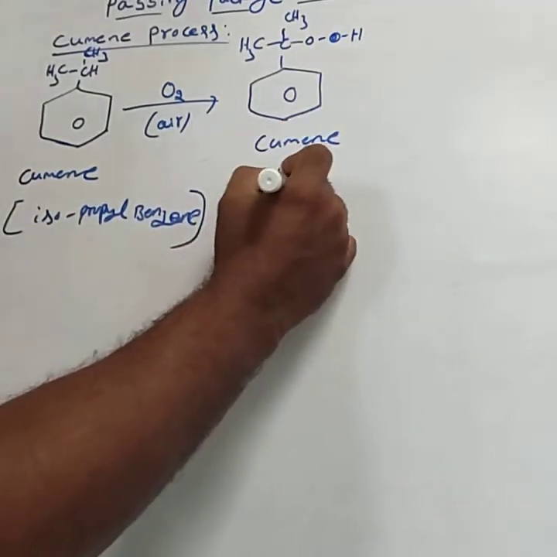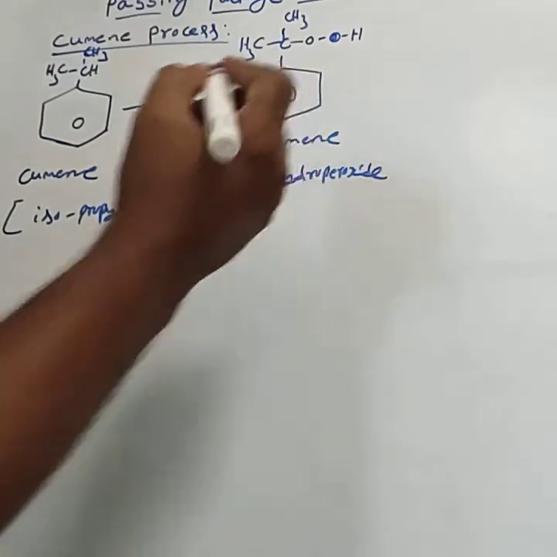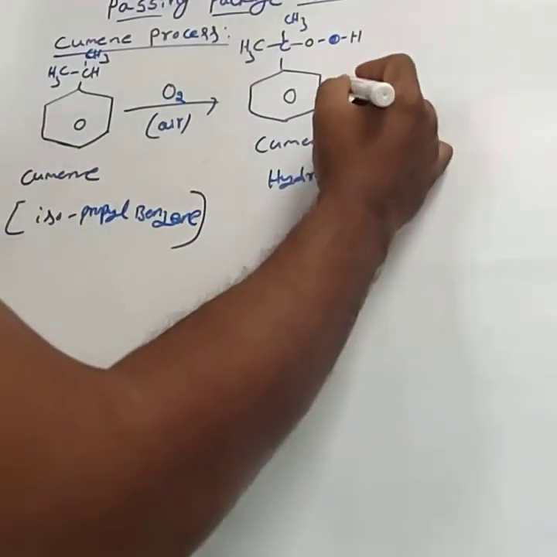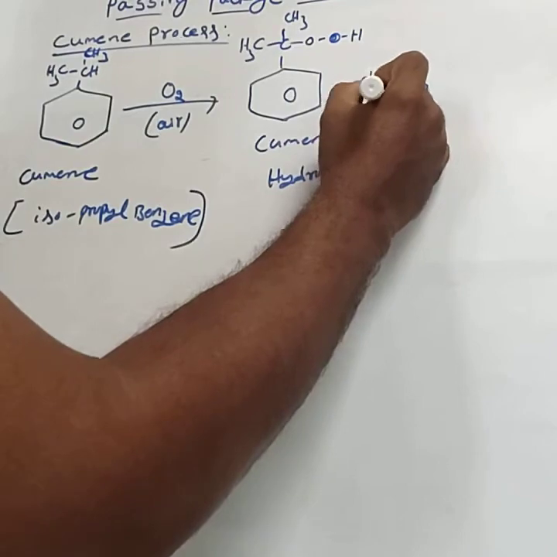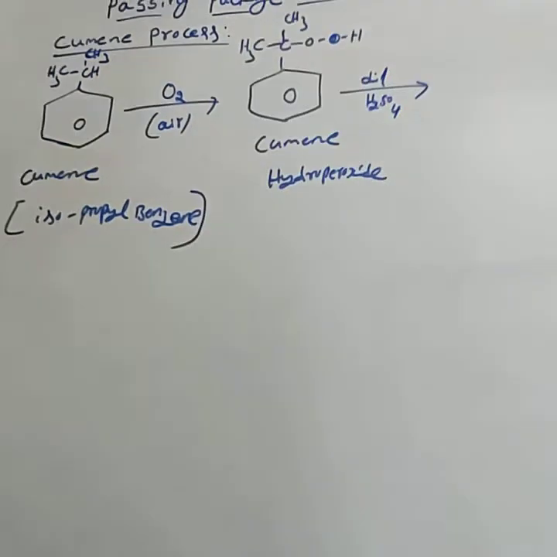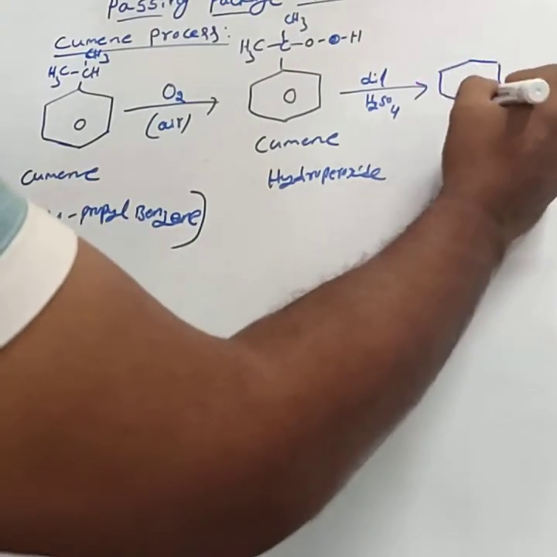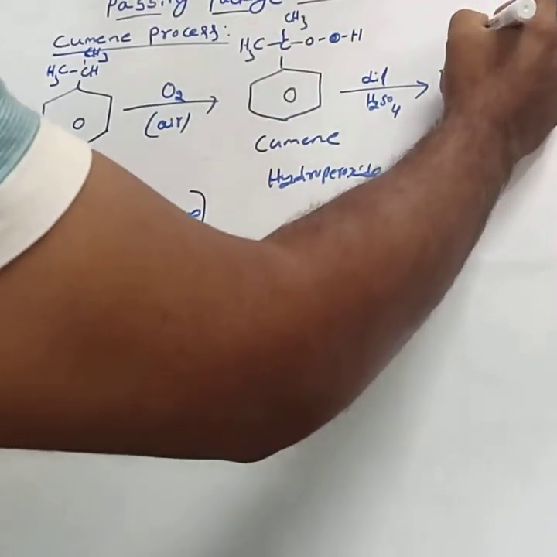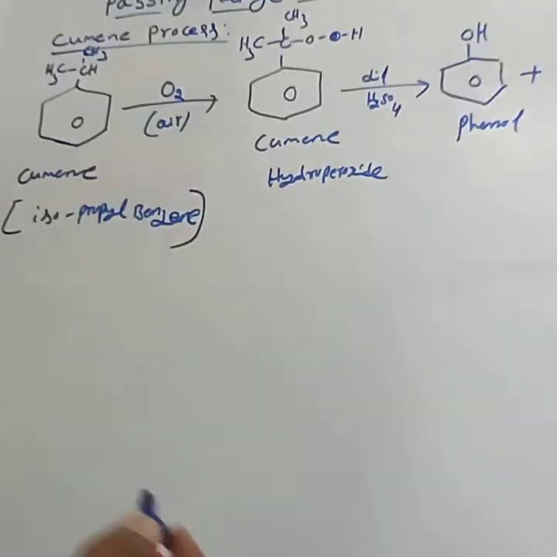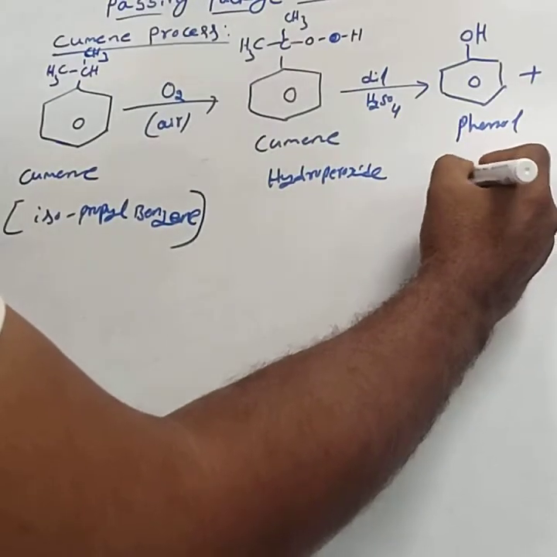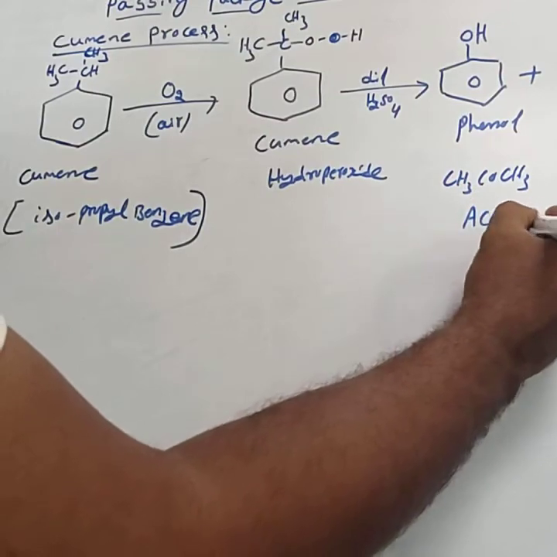Cumene hydroperoxide is then finally treated with dilute H2SO4, and we get phenol. In addition to phenol, we get one more product called acetone.